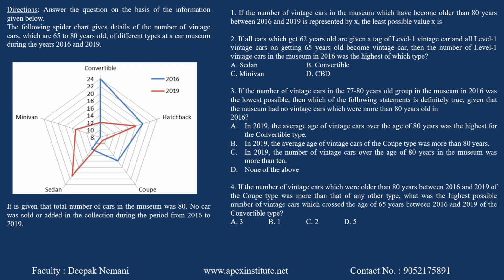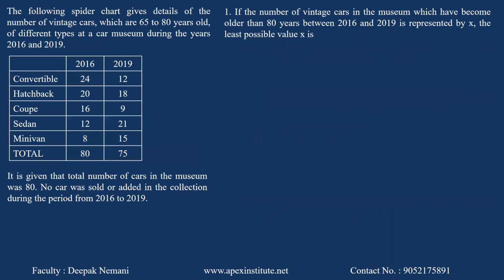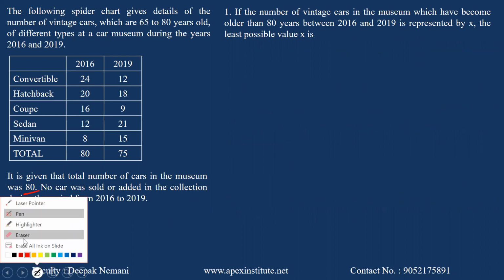Okay, so that's my analysis here, and it is also given that the total number of cars in the museum was 80. No car was sold or added in the collection during the period from 2016 to 2019. So this question had a flaw, guys. Now it is given that the total number of cars in the museum was 80, isn't it?